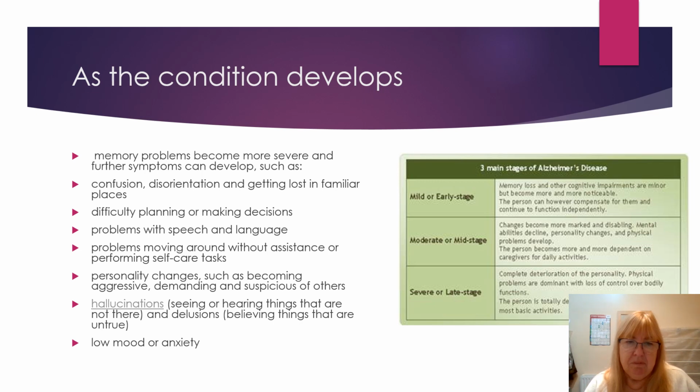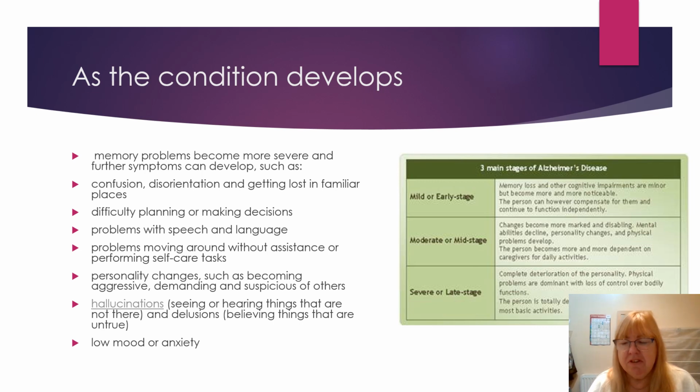And not for everyone, but for some, in the later stages, hallucinations, hearing and seeing things that aren't there, and delusions, believing things that are not true, like that you've lied, and it goes in with the sort of paranoia a little bit as well.